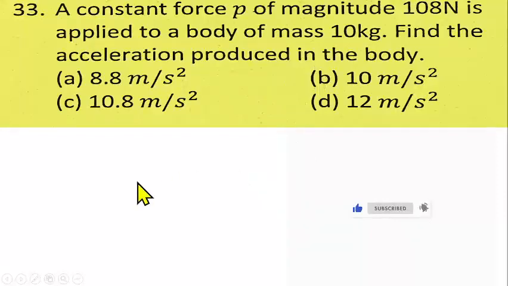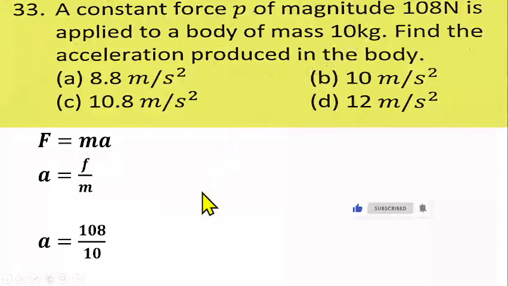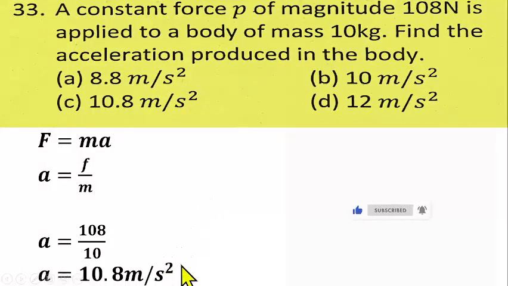We know the relation between force, mass and acceleration: force is equal to mass times acceleration, and the force is given to be 108. We can make acceleration the subject of the formula by dividing both sides by m. So our acceleration will be equal to 108, which is the force, over 10, which is the mass, and that should give us 10.8 meters per second squared, which is option C.